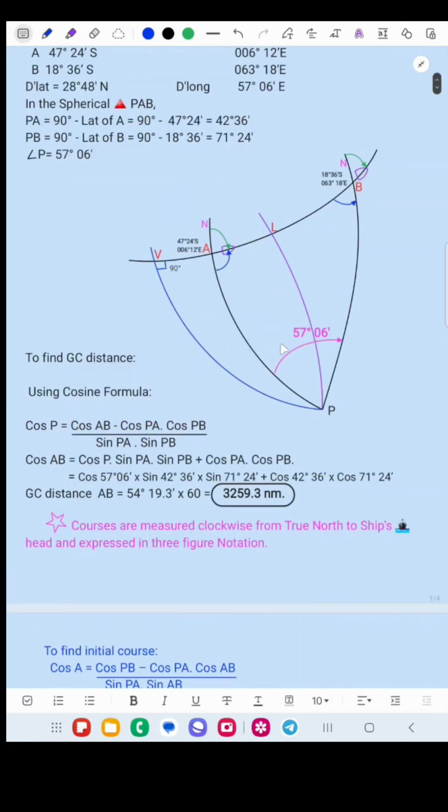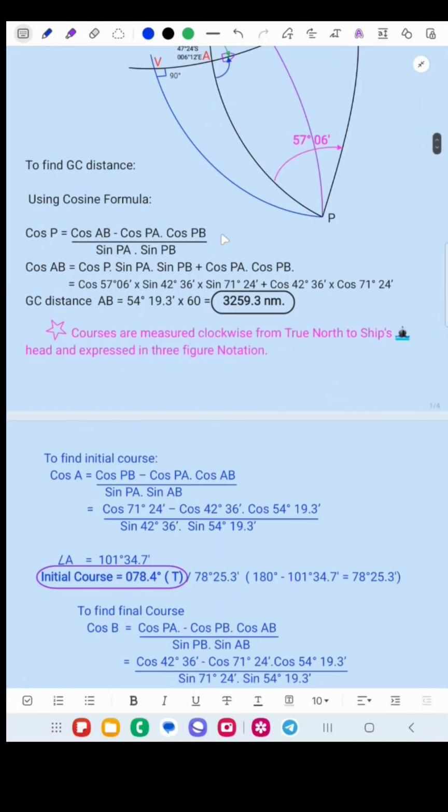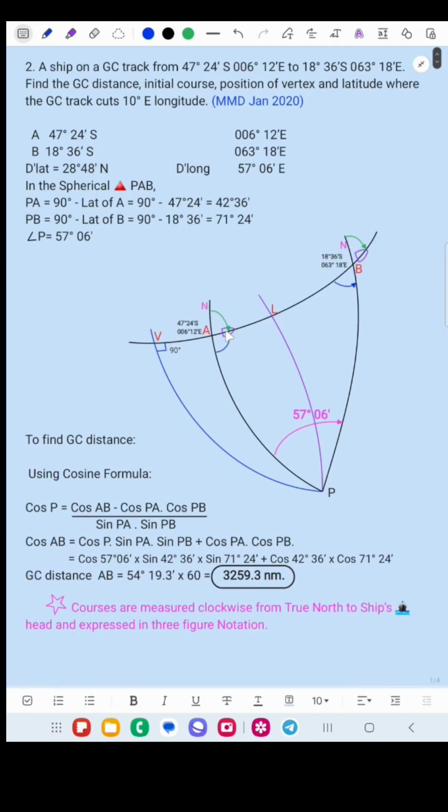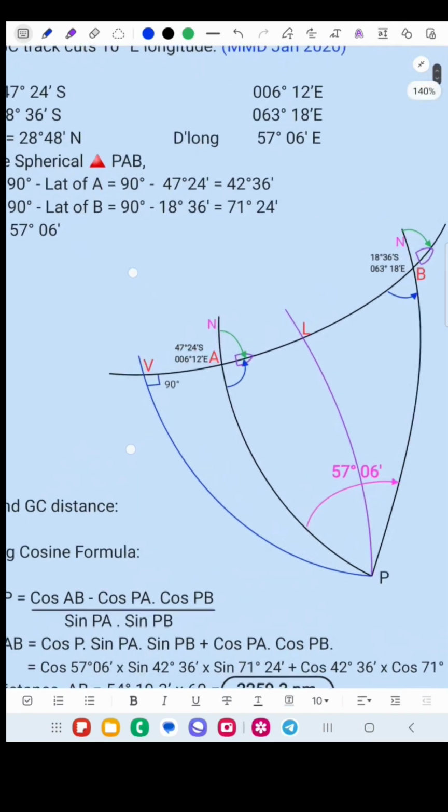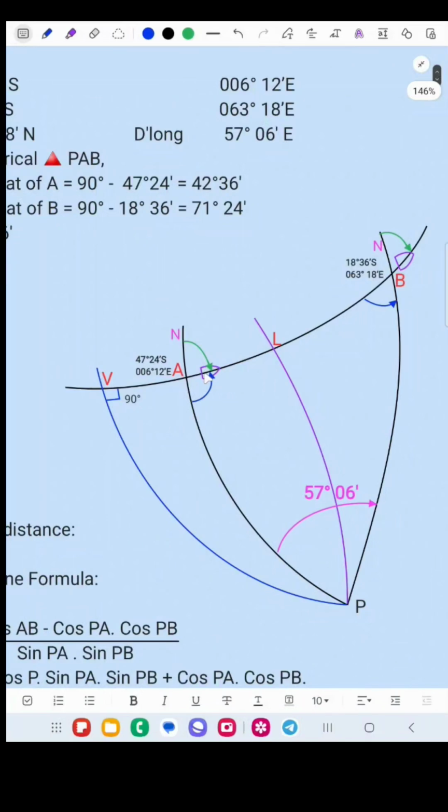So courses are measured clockwise from true north to ship's head and expressed in three-figure notation. For A, the direction of true north is here.